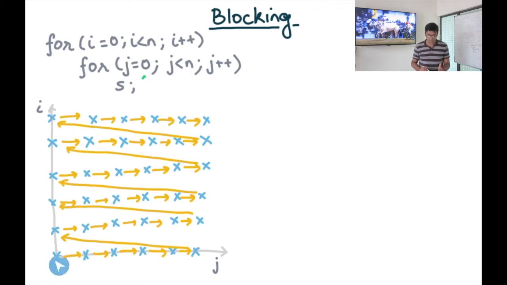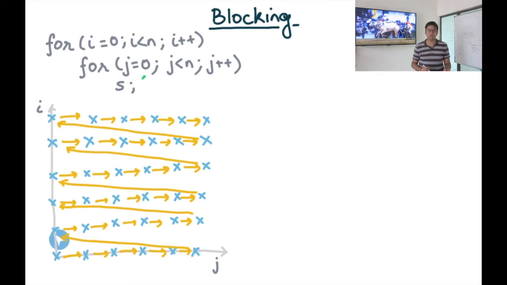So first, for example, 0,0 will execute, then 0,1 will execute, then 0,2 will execute. I'm using i,j as the way to represent the iteration point, so 0,2 means i equals 0 and j equals 2. Then 0,3, 0,4, 0,5, and when I reach the end of one axis, let's say n was 6, then I've reached the end at j equals 5.